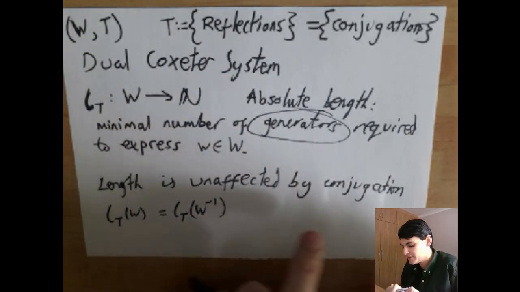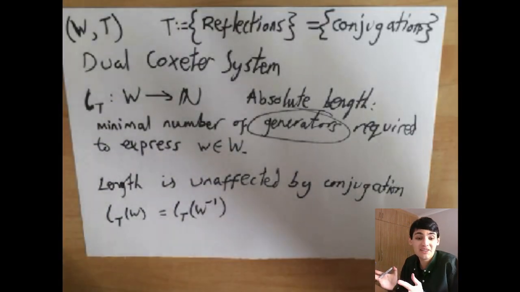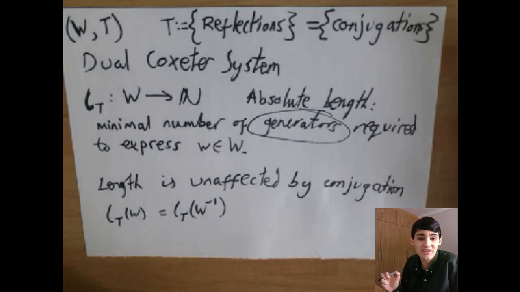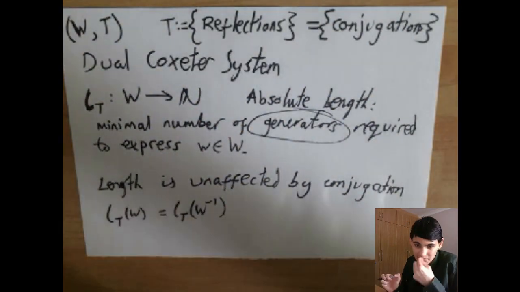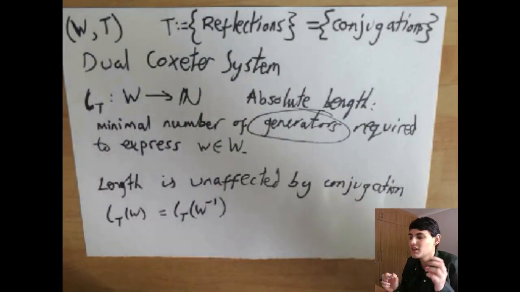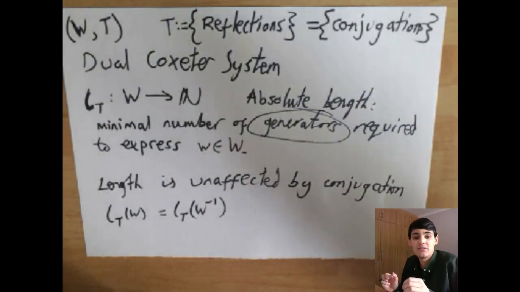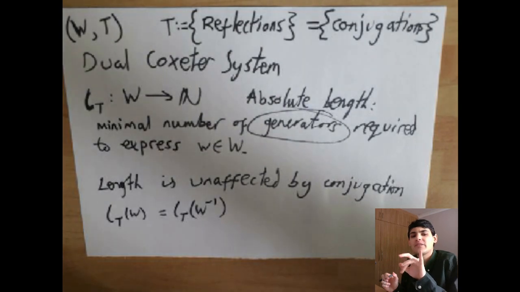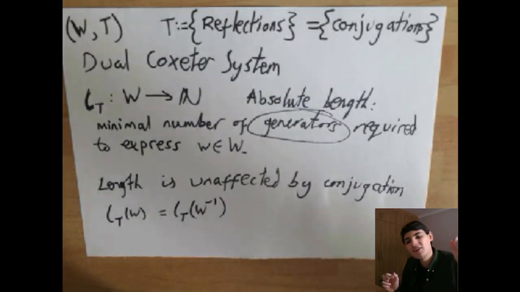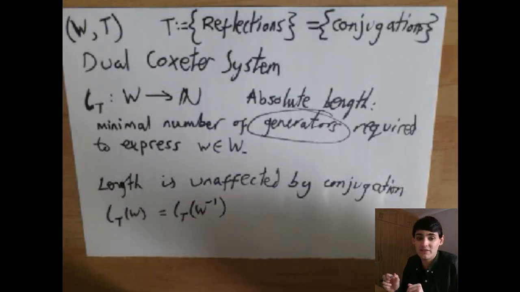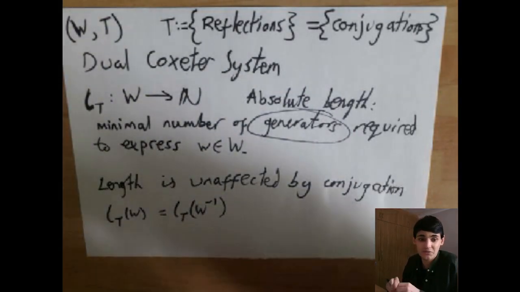But for the length to be unaffected by conjugation, that's quite a bit different. The way you go about proving that is you write each generator as a sort of sub-conjugation or something. It's a bit weird to explain. You can have a look at the proof in my paper, which is in the description below.